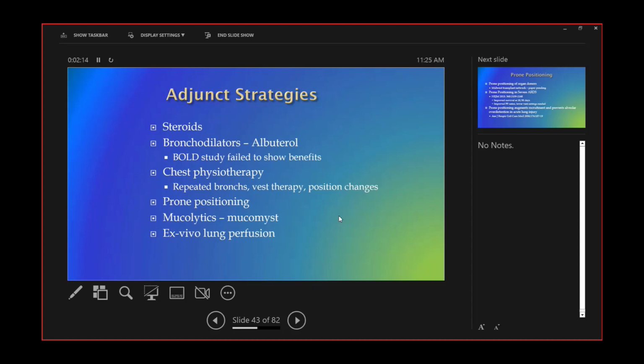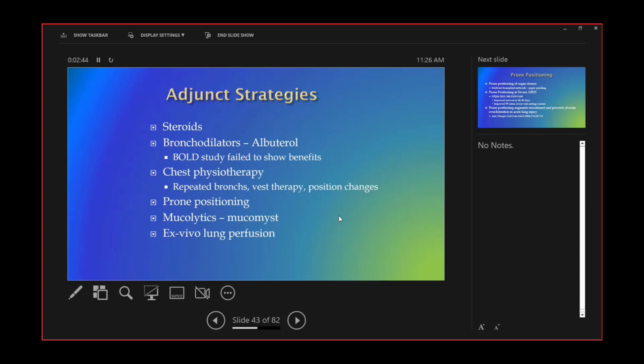I know they changed their name, but Donor West did a study before they were Donor West where they looked at albuterol to see if it would make any difference in their lung outcomes, and it did not make any difference if they did lots of albuterol. Most of us will do albuterol every 4 hours, but we won't do much more than that. It makes patients tachycardic, they drop their potassiums, and they can develop a metabolic acidosis from too much albuterol. Lactic acidosis, which then you're wondering why they have lactic acidosis, and usually it's because they've been pounded away with albuterol.